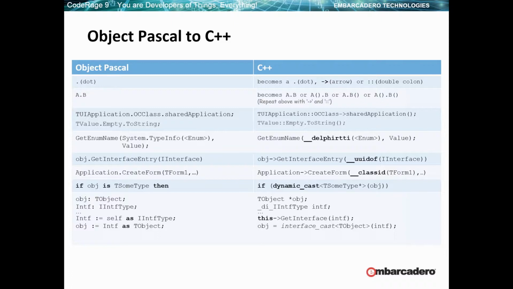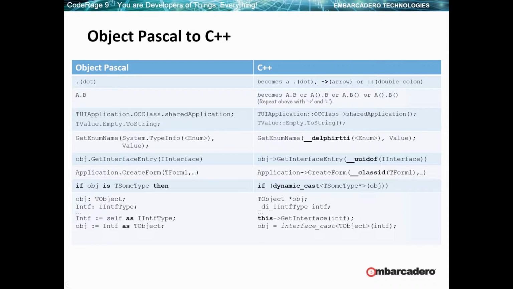Casting. Delphi has is and as. If you say if obj is TSumType, the best way is to actually just use dynamic cast in C++. You dynamic cast the source to the type that you want to go to. In this case, since TSumType is a class, it becomes a pointer on the C++ side.